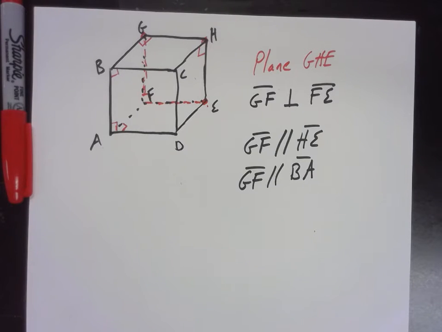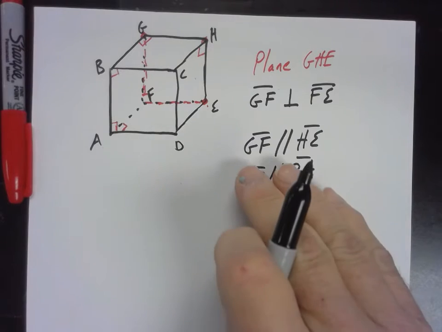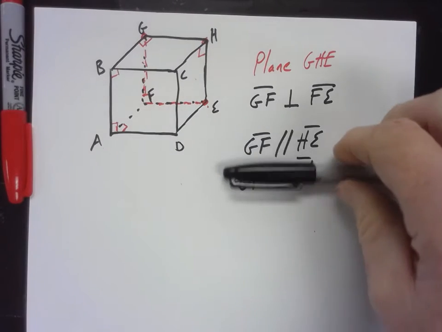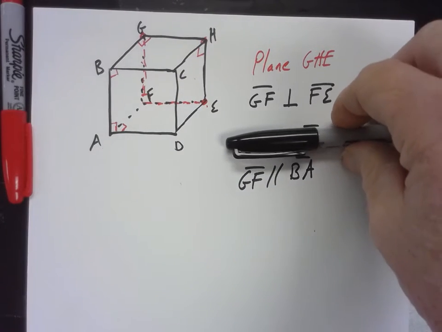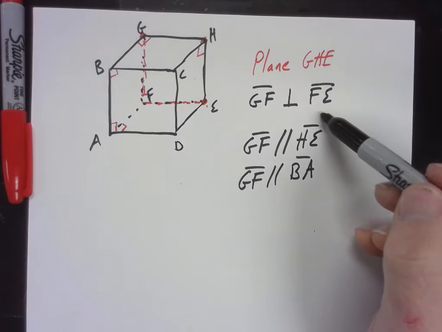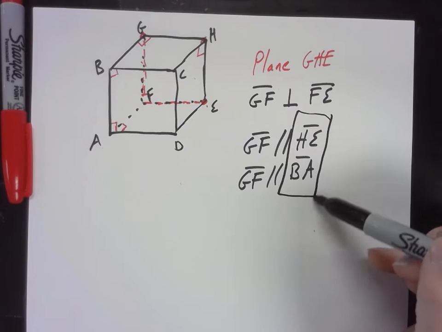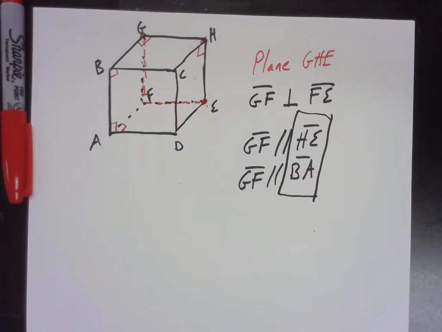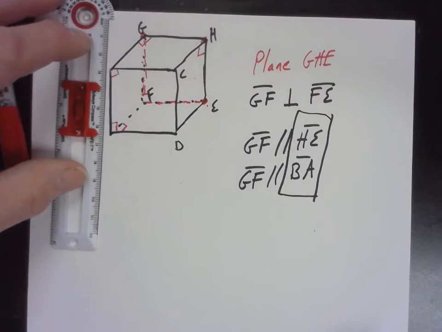That's kind of a weird thought, isn't it? So those two are parallel, and these two are parallel. Even, you know what? Even these two are parallel. Is that weird? What do you guys think about that?